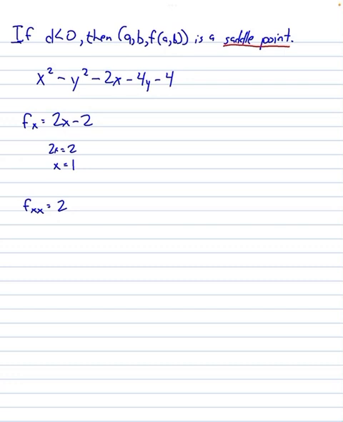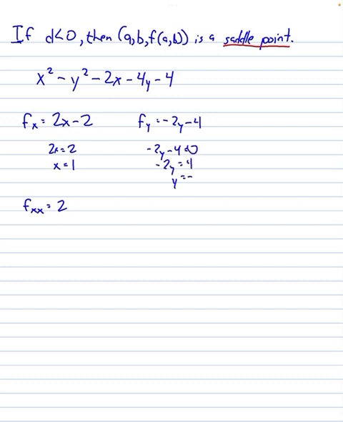Okay. Now on this side, we find the partial derivative with respect to y. So this is going to be negative 2y minus 4. Once again, we're dealing with the critical points. We set this equal to 0.